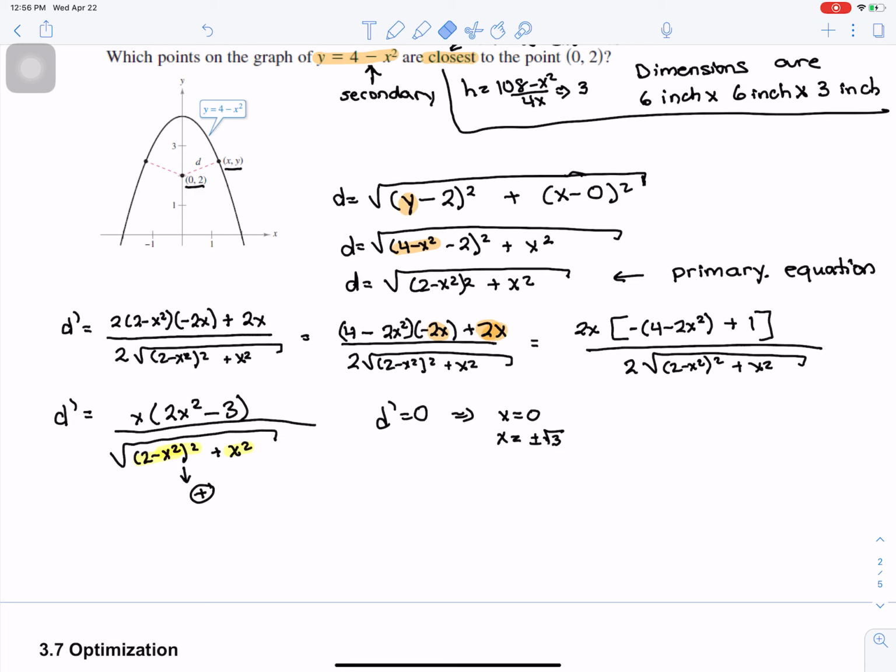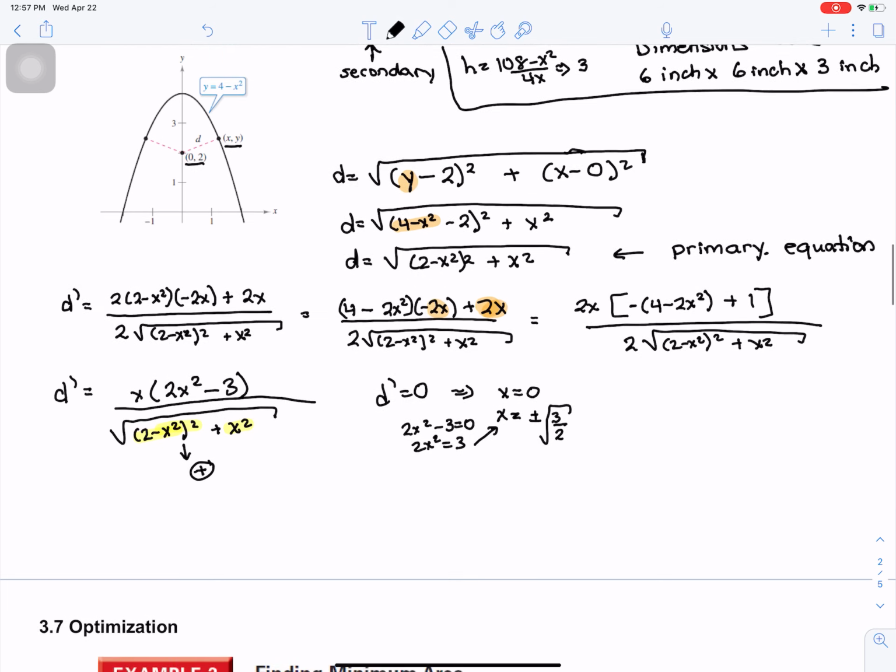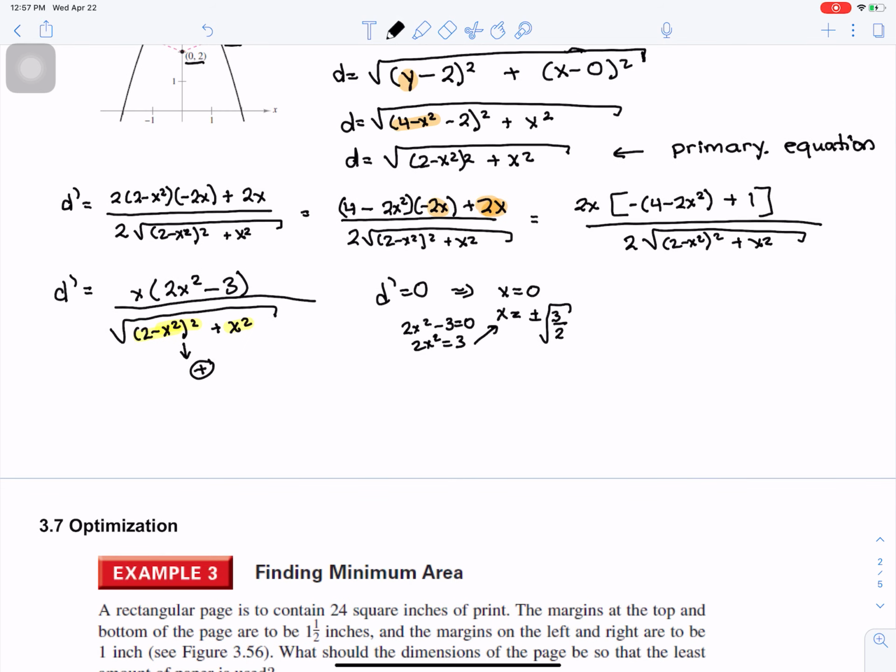When you isolate for that second term, 2x squared minus 3 equals 0, 2x squared equals 3, and then again you keep isolating for x, and that's what you get.